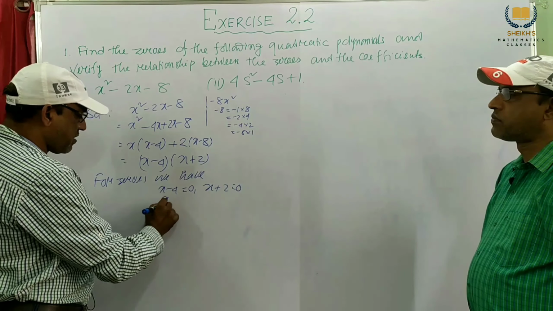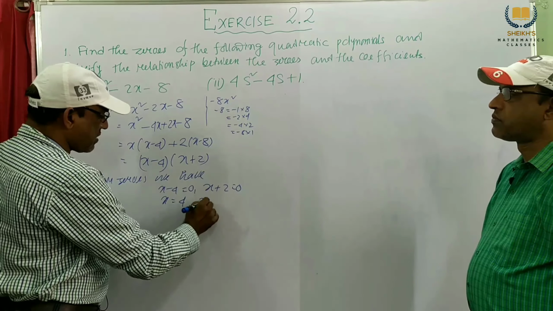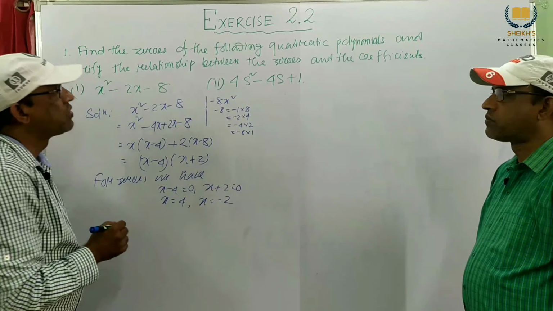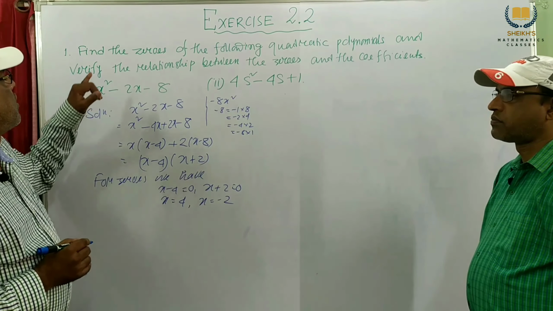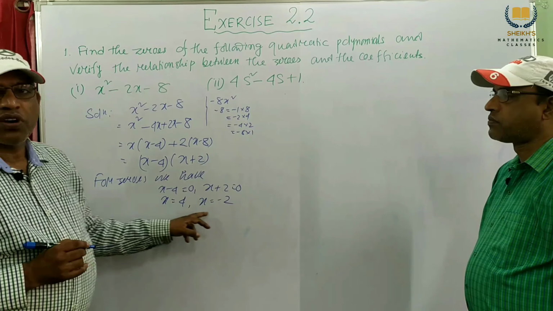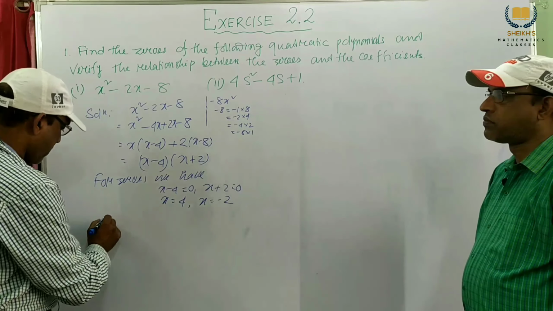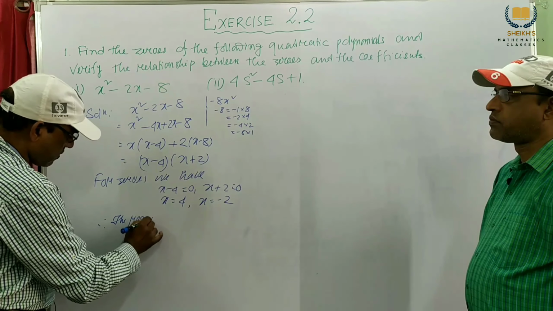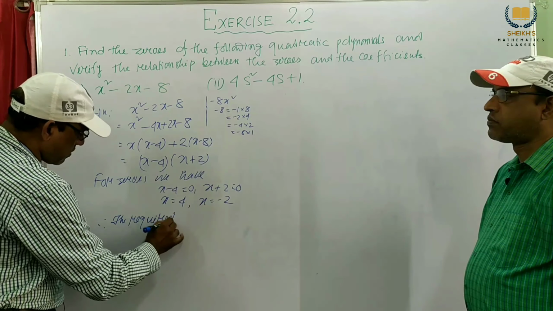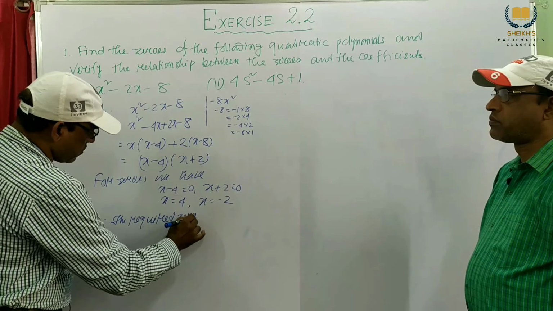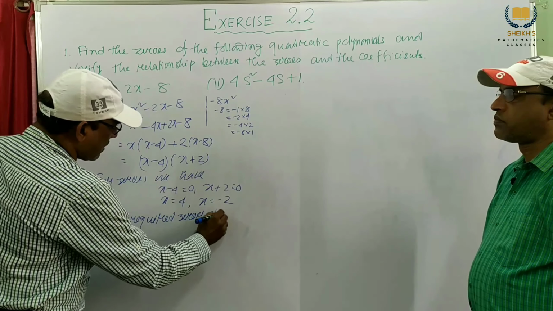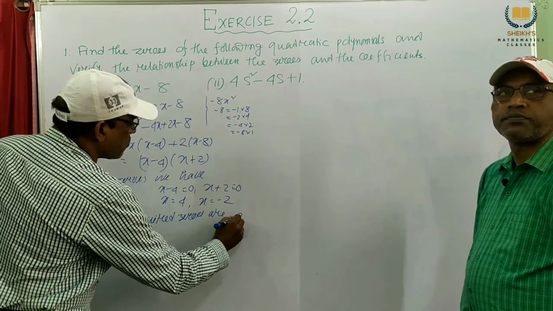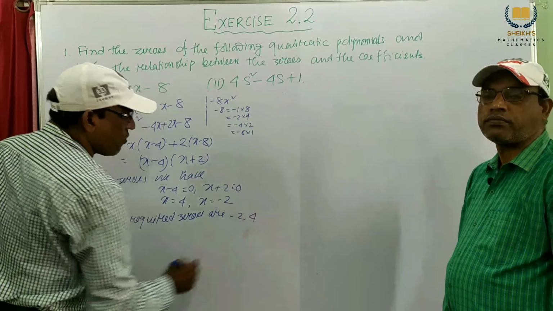So x = 4 and x = −2. These two are the zeros. Therefore, the required zeros are −2 and 4.